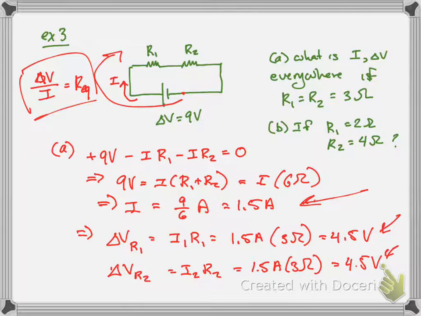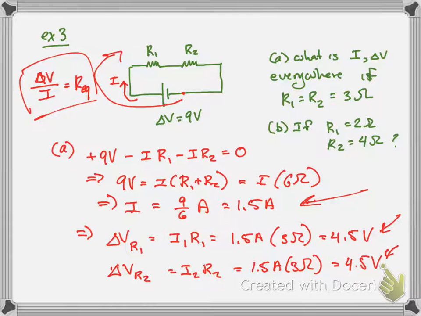If the equivalent resistance is 6 ohms, then 1.5 amps must be pulled. So without doing Kirchhoff's loop rule, we immediately get that the current is 1.5 amps. Once we know the current, we can figure out the potential across each resistor, which is the current through the resistor times the resistance.